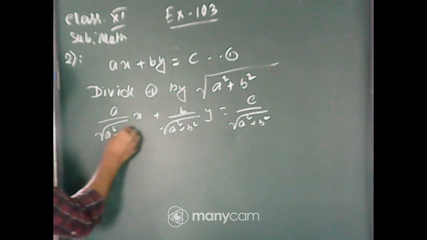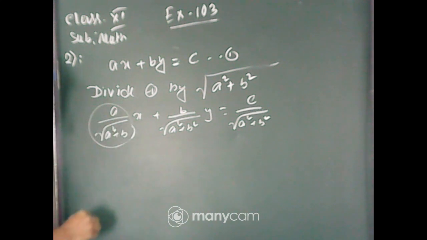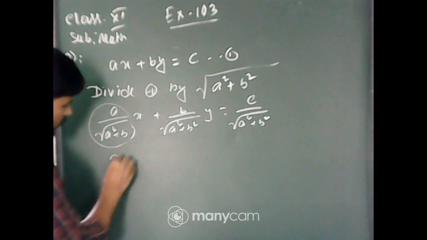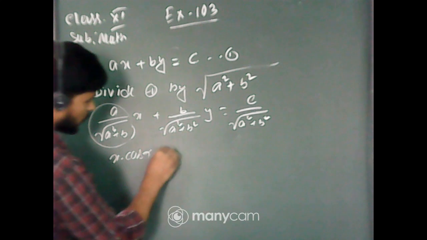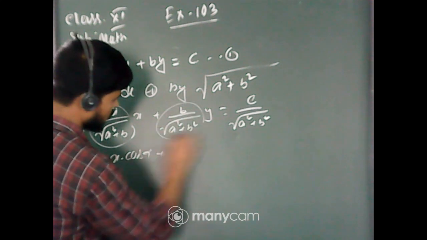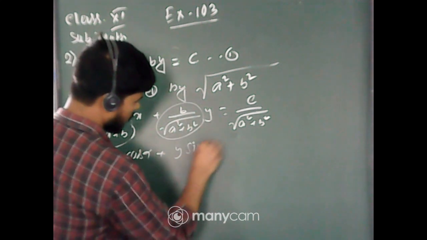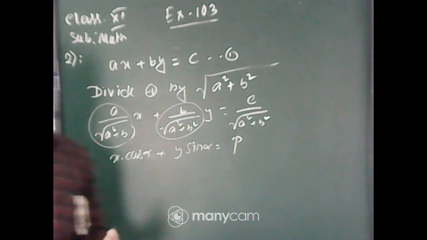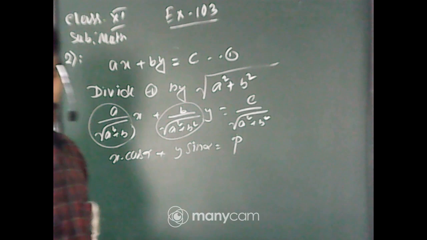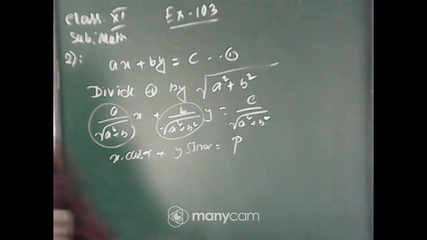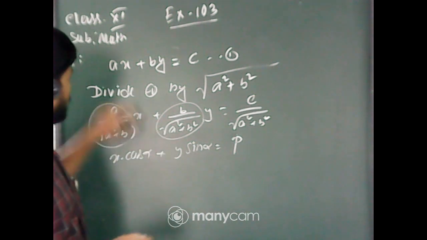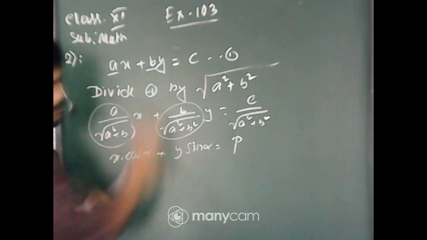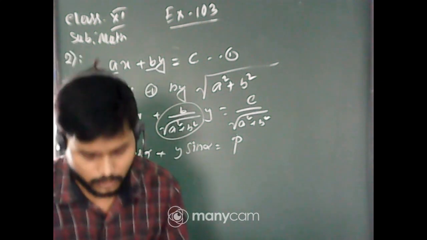Okay, if I consider this is cos alpha, so x into cos alpha plus y into, we are considering this is sin alpha, and this is equal to p. So if the question is to convert the equation into normal form, we just have to divide the equation by root over of a square plus b square. This is the procedure.